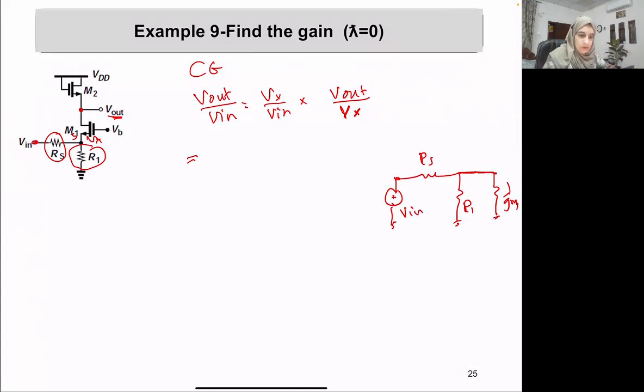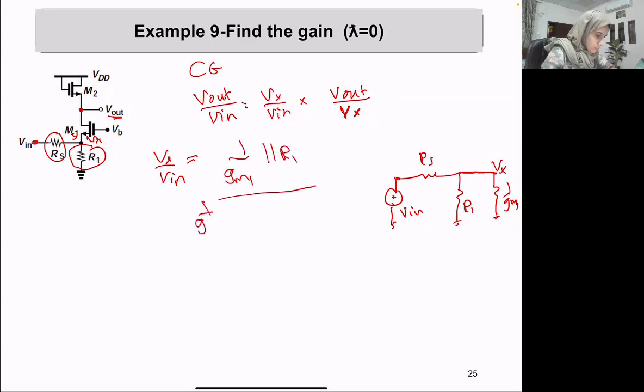Okay, so now, again, the voltage divider, Vx over Vn, this is Vx here, 1 over Gm1 in parallel with the R1, over 1 over Gm1 in parallel with the R1 plus Rs.